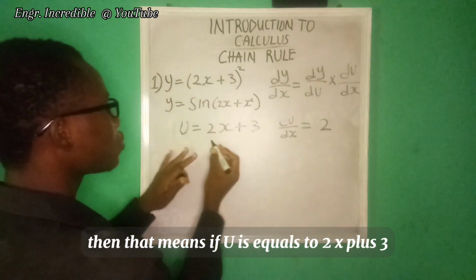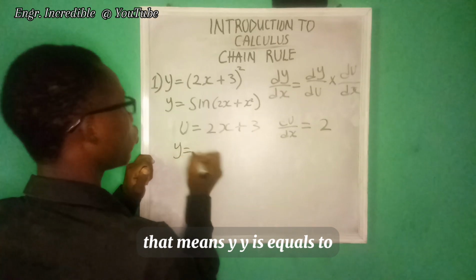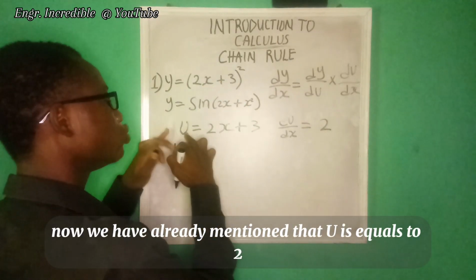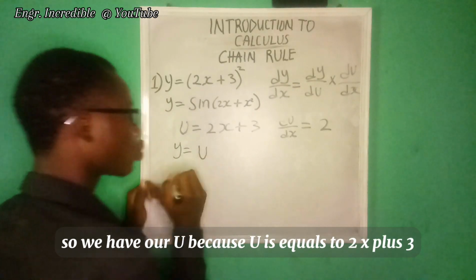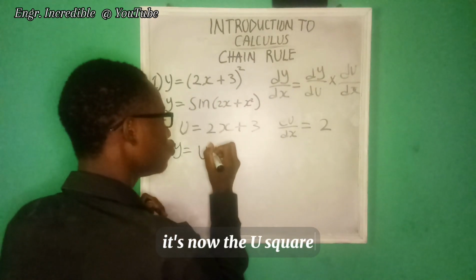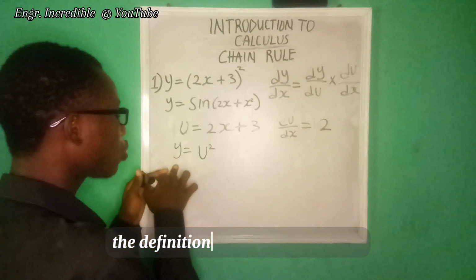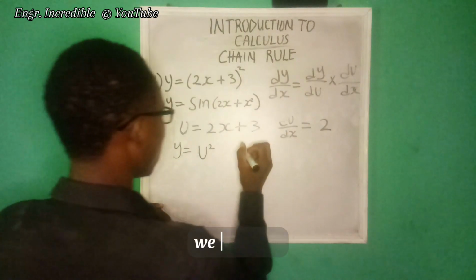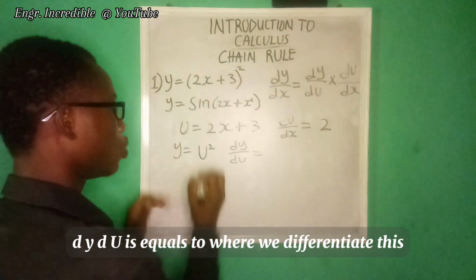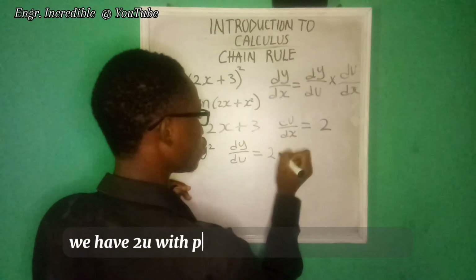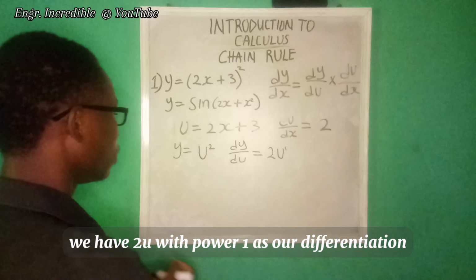Then that means if u is equals to 2x plus 3, y is equals to u squared. So from here we can find our dy/du, that is differentiation of y with respect to u. We have dy/du is equals to 2u raised to power 1 as our differentiation.